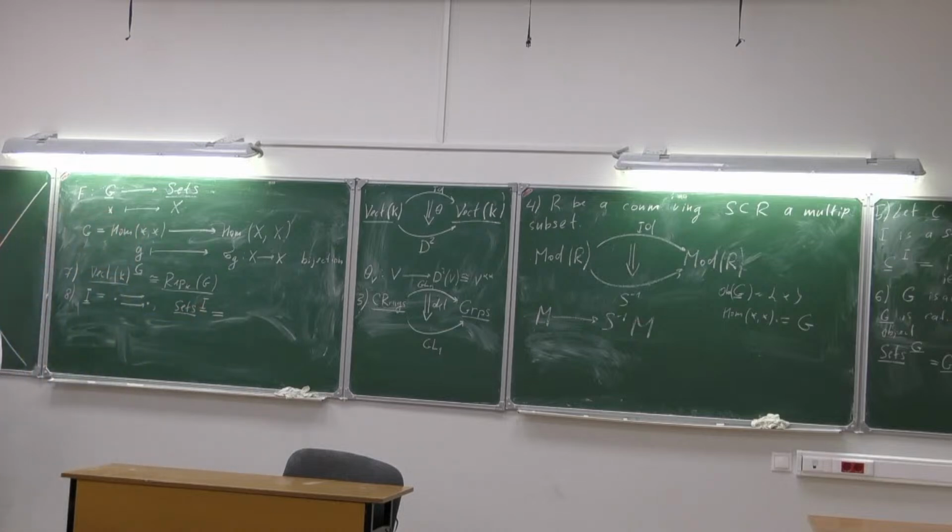What is this category? If you use analogy with these previous three examples, can you guess the answer? Again, to specify a functor, you now have two objects. You need to associate a set here and a set here, and two maps. What is the mathematical structure if you have two sets and two maps?